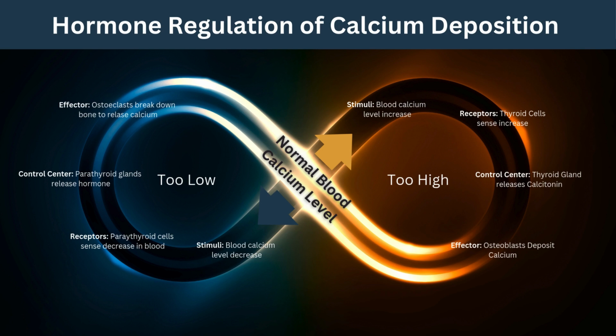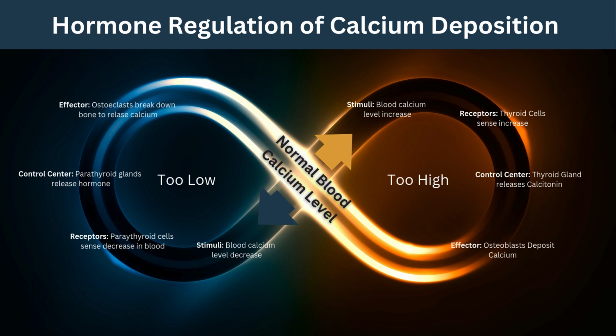For inorganic salt storage, also known as calcium deposition in bones, the bony matrix includes collagen and crystallized mineral salts known as hydroxyapatite. Hydroxyapatite is a type of calcium phosphate, an inorganic salt. Calcium is vital for balancing many of our metabolic processes within the skeletal system.